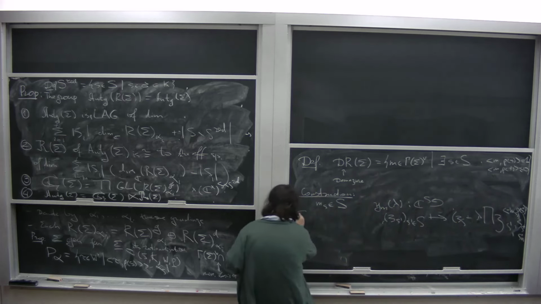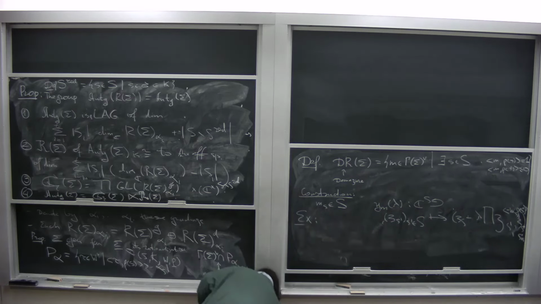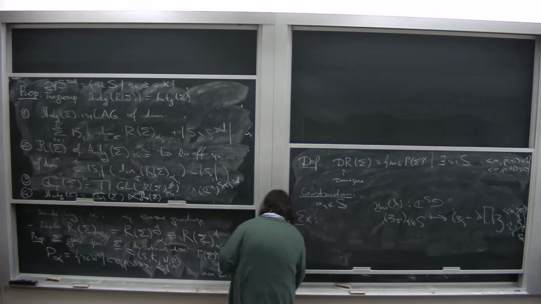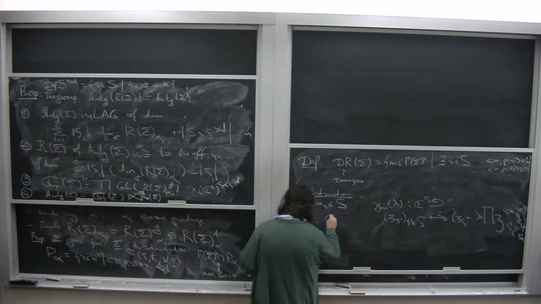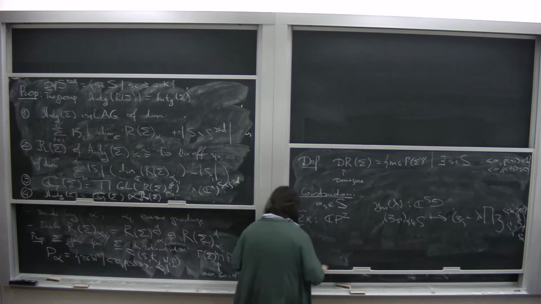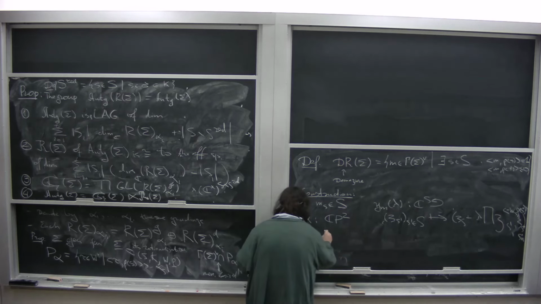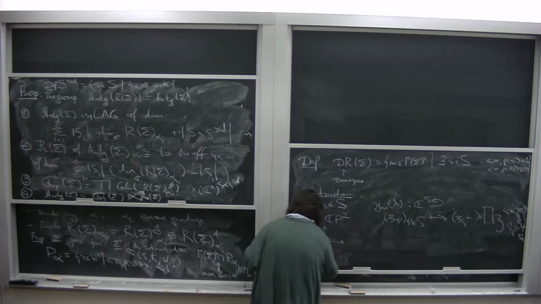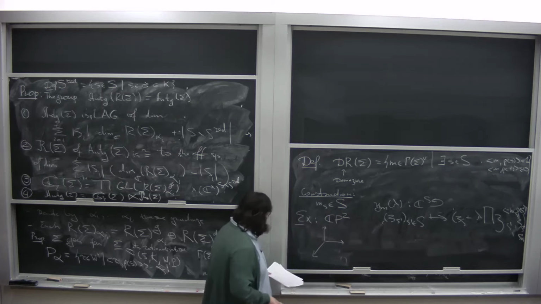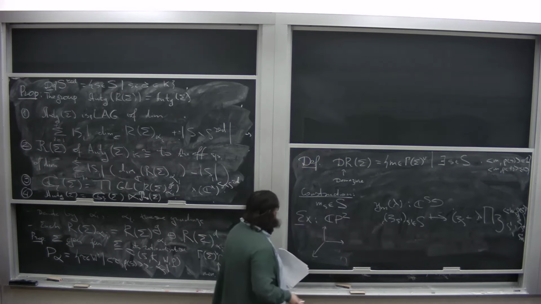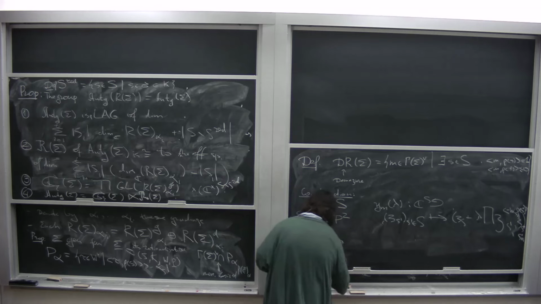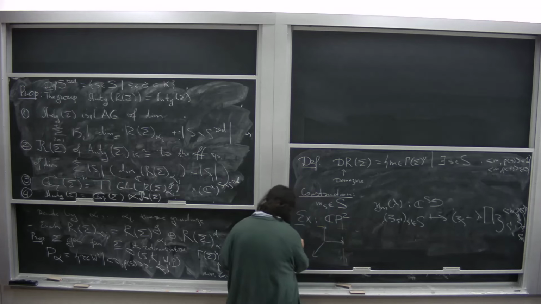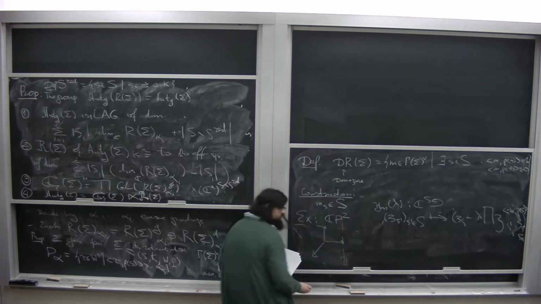So let's consider an example. In our favorite case of CP2, our fan looks like this. And then the condition that the product is equal to 1 gives us 3 lines like this.